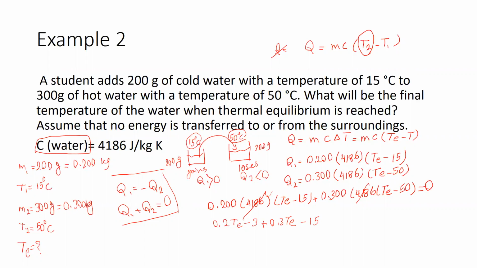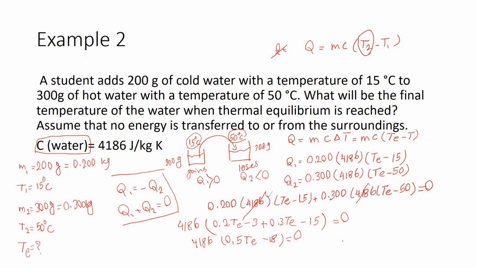And I factorize this one, putting the 4186 outside, all equals 0. I factorize it because it is common between them, and then I can say 4186 times (0.5 TE minus 18) equals 0.